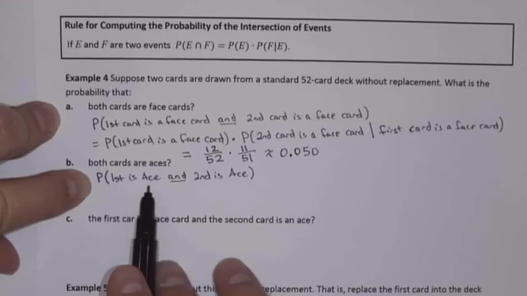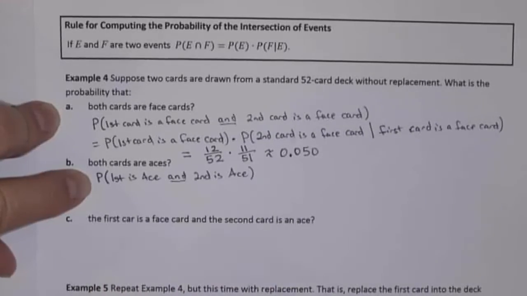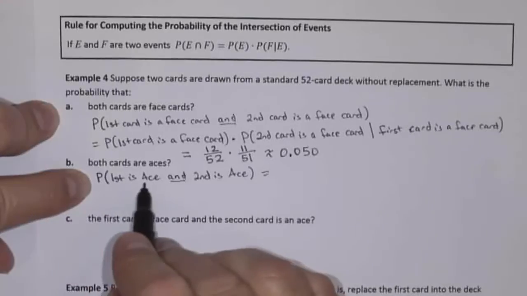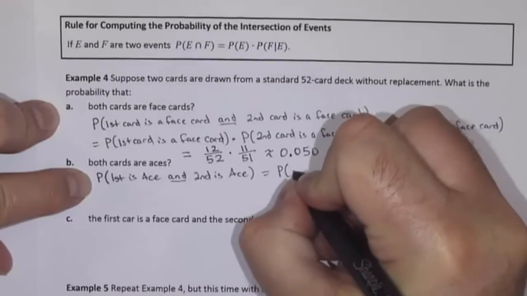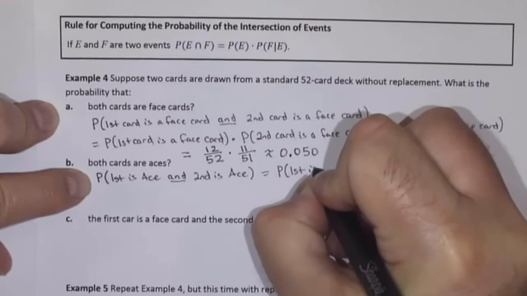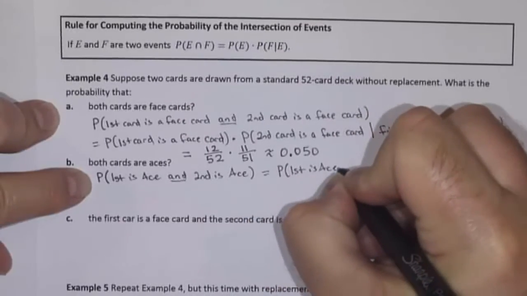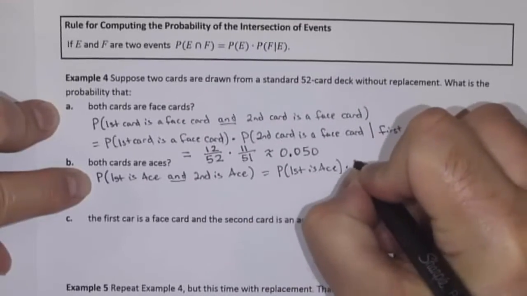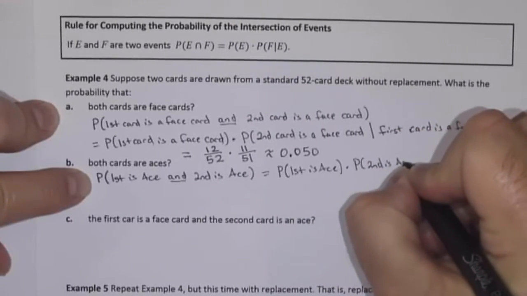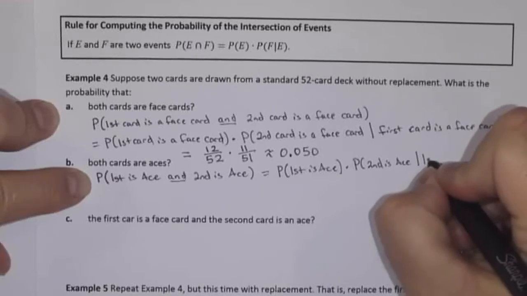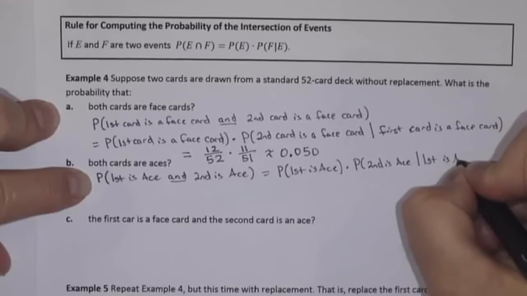So the probability the first card's an ace and the second card's an ace. So this is E, this is F. So that's going to equal the probability that the first card is an ace times the probability that the second card is an ace, given that the first card is an ace.